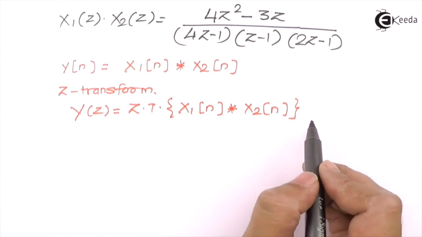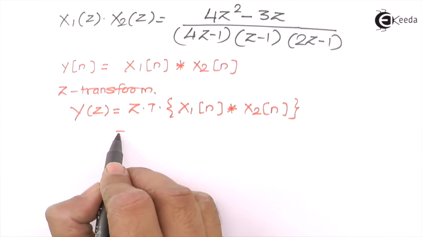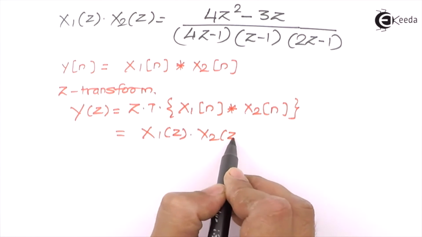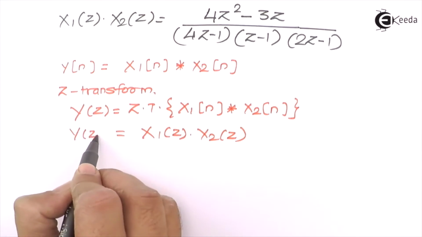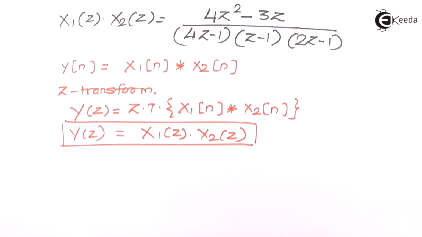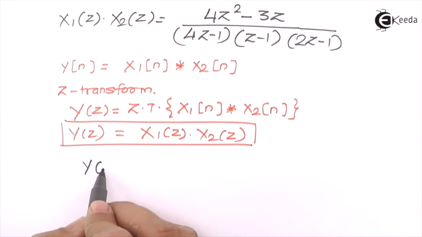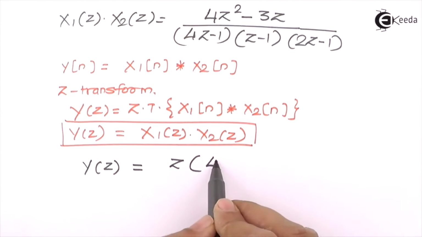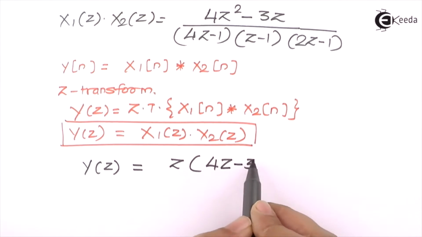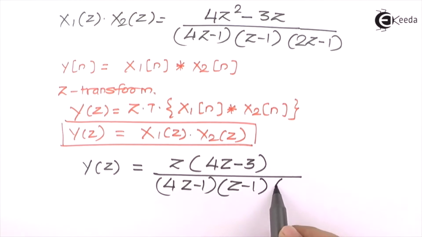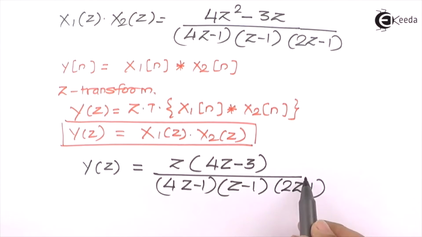And since we know the convolution z transform is nothing but X1(z) into X2(z), so in the end, X1(z) into X2(z) is nothing but Y(z). So we'll write over here Y(z) equal to, I'll take a z common, here I'll get (4z - 3) divided by (4z - 1)(z - 1)(2z - 1).